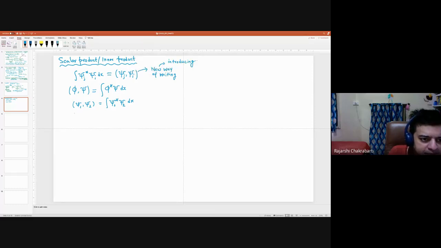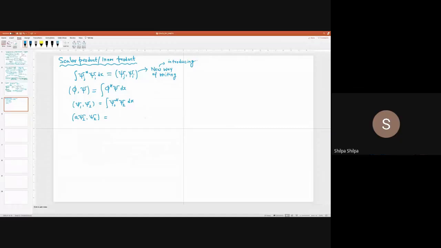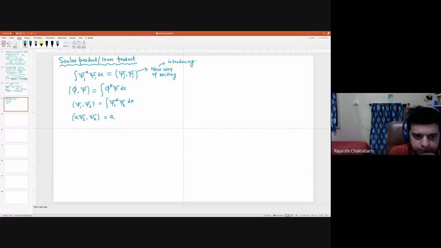One more thing. I take a constant A, and what should I write on the right hand side? The complex conjugate of A times the integral of psi1 star psi2 dx. So basically I should not write A, but A star.